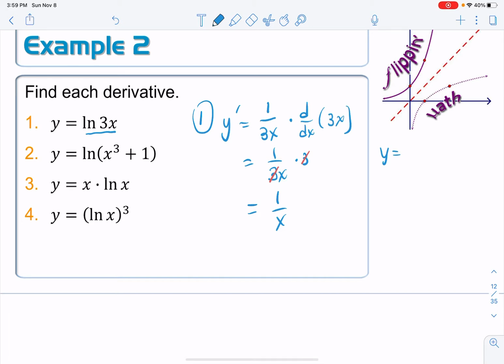So y is equal to the natural log of 3x is the same thing as the natural log of 3 plus the natural log of x, right? And now when I take the derivative, this guy is a constant, so its derivative is just 0, plus the derivative of the natural log of x, which is just 1 over x. See there? Interesting, right? I'm glad you think so.